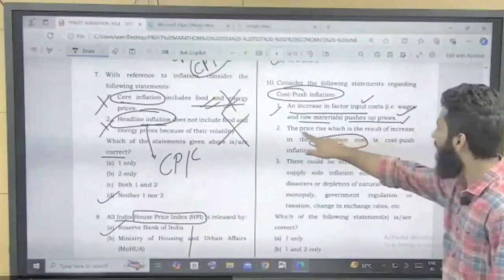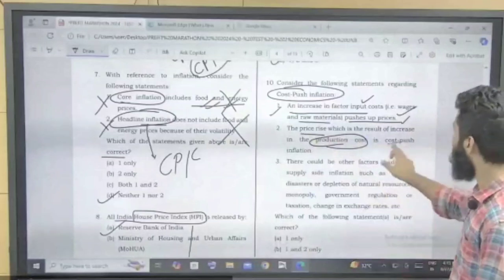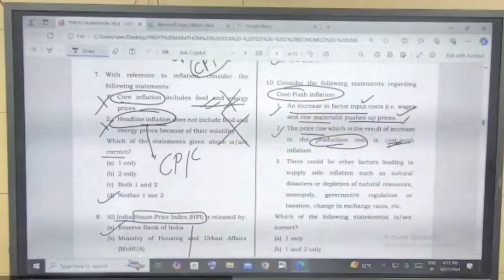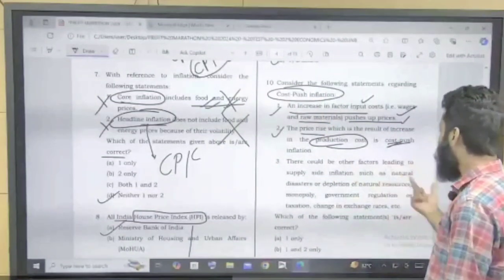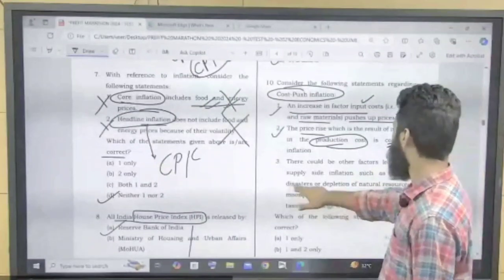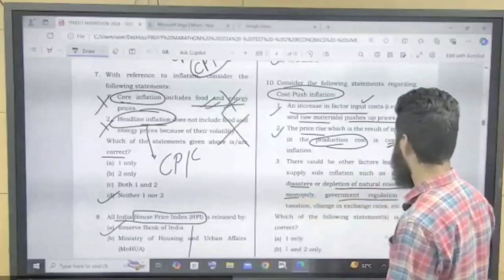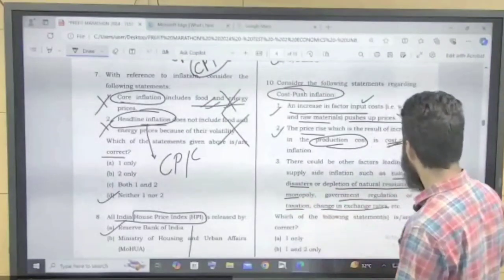Why is price rising? Price is rising because production cost has increased. It is known as cost push inflation. True. There could be other factors leading to supply side inflation, such as natural disasters, depletion of natural resources, monopoly, government regulation or taxation, or change in exchange rate.